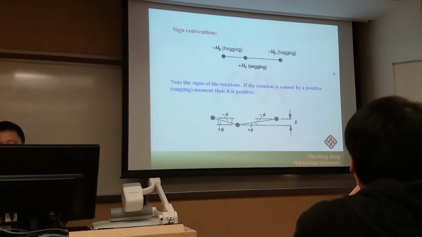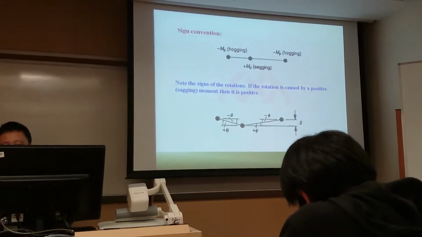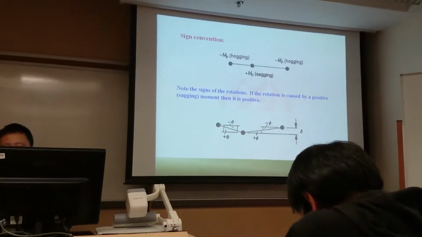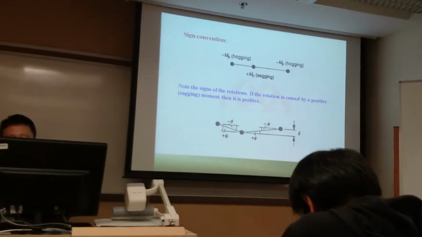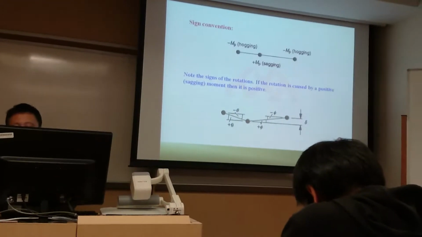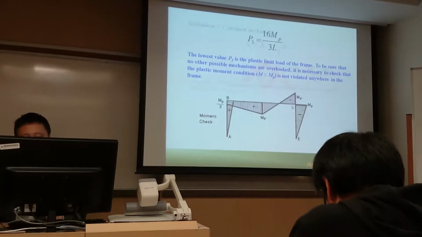Here is the sign convention. We assume the moment is positive when it is a sagging moment. For sagging moment, we assume this is positive, and for hogging moment, it is negative. So we go back to this case.